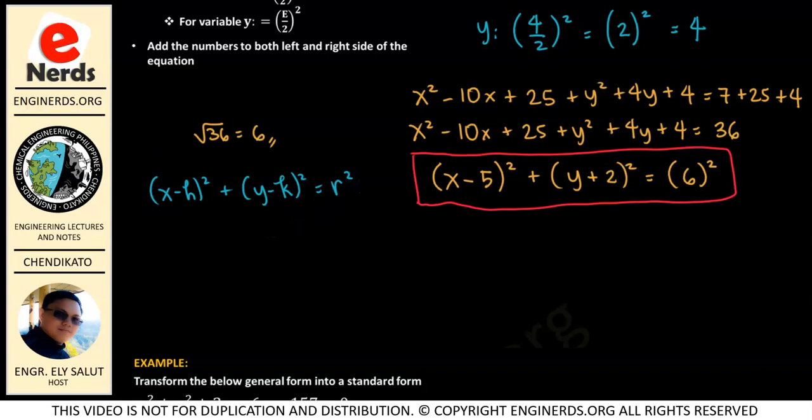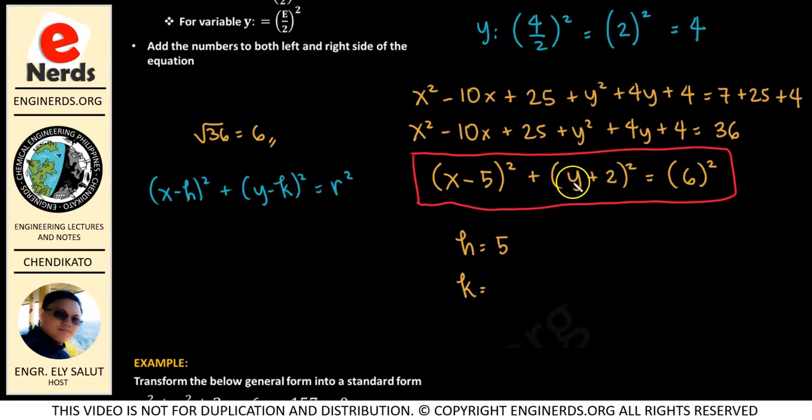Okay? So let us determine yung value ng ating h. Our h is equal to, which will be this one. So negative ang ating sign dito, no? Tatandaan ninyo sa ating general form. So this is also negative. So therefore our h is equal to 5. Okay? Now how about the value of k? So our k here is the second term here in which we have y minus k.